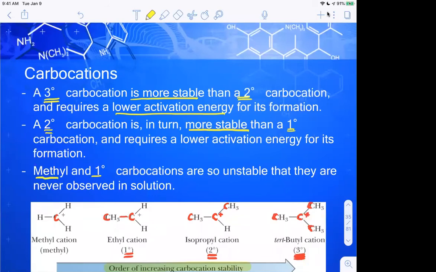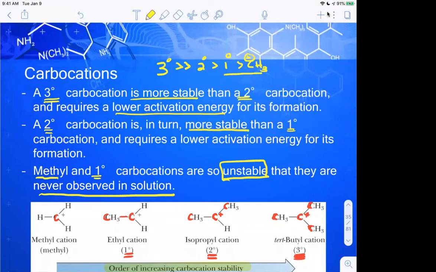Methyl and primary carbocations are very unstable, so much so that they're almost never observed in solution. So this is a very important order of reactivity. Tertiary carbocations are much more stable than secondary, which are much more stable than primary, which basically is more stable than methyl.